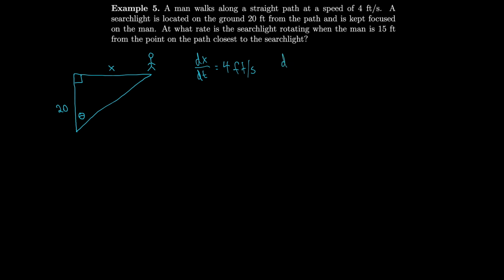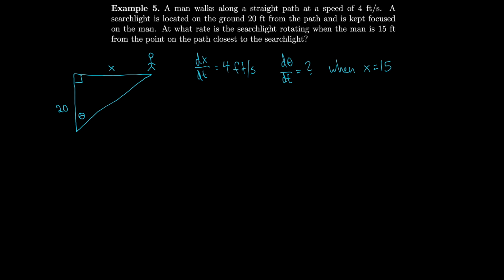We want to know the change in the angle, so we are looking for d theta/dt, at the specific moment when x is 15. X is a variable, so we can't plug in yet. The searchlight being located 20 feet from the path, however, is fixed, so we were able to plug in that 20 right off the bat.